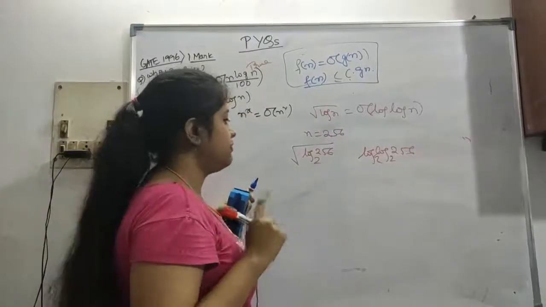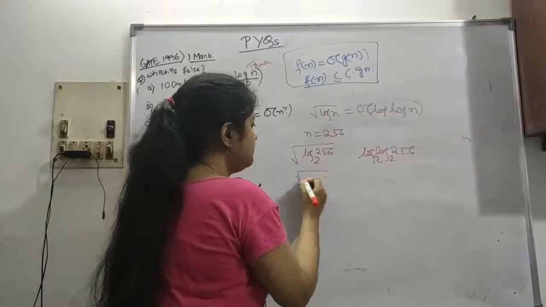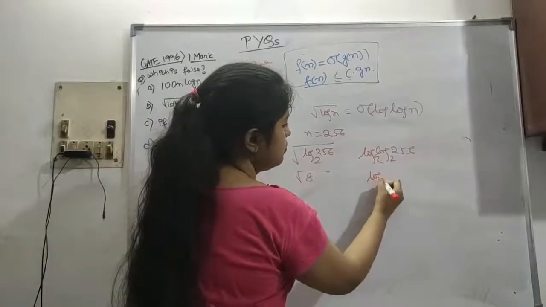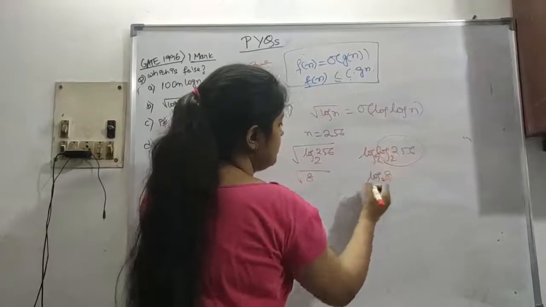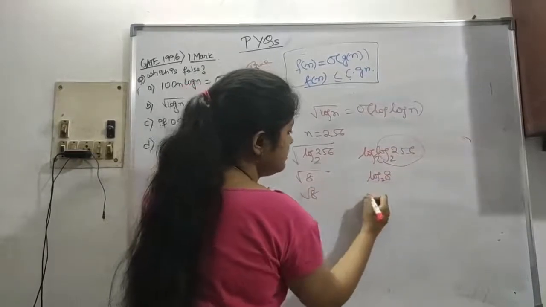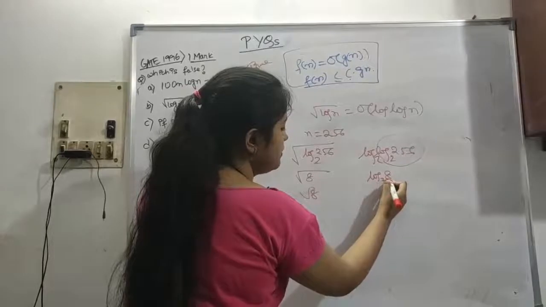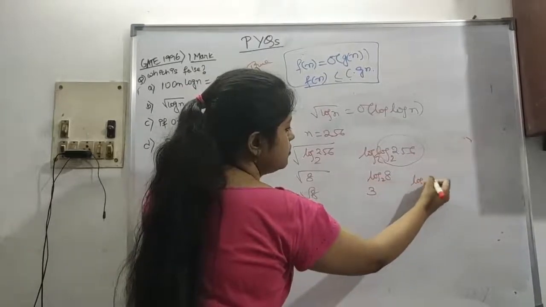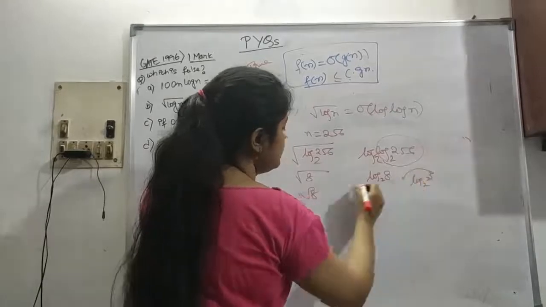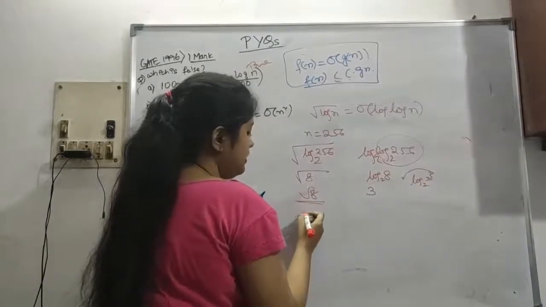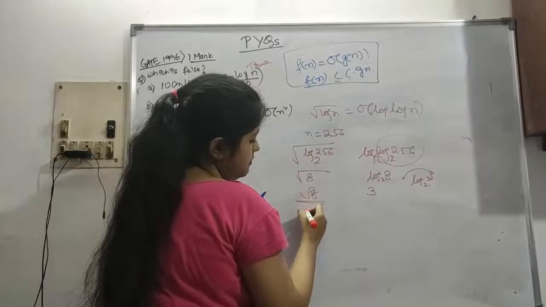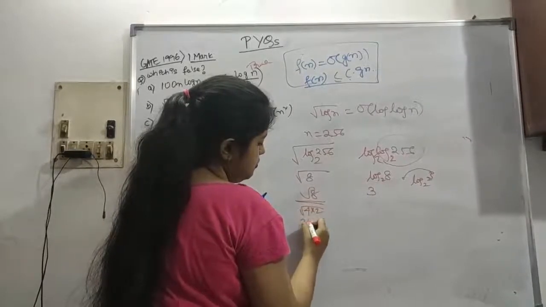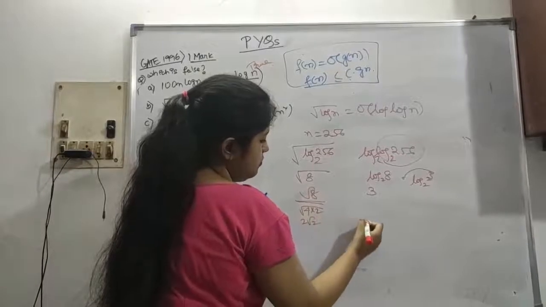Log of 256 base 2 is 8, so root over 8, which is 2 root 2, and here log of 8 base 2 is 3.